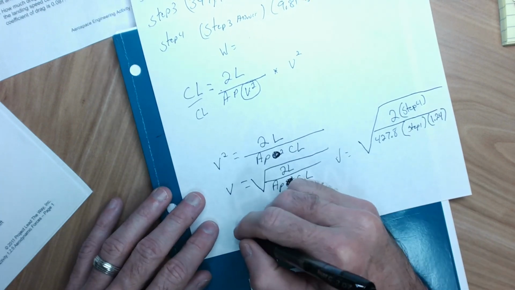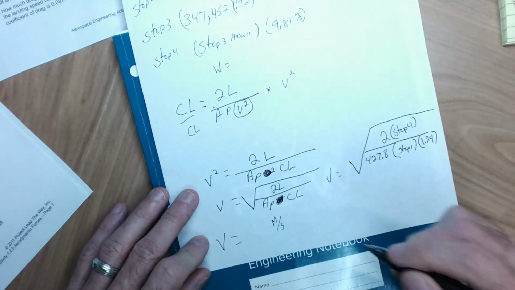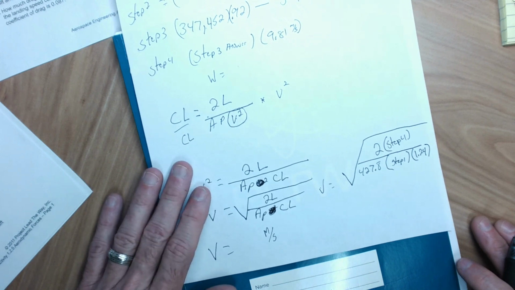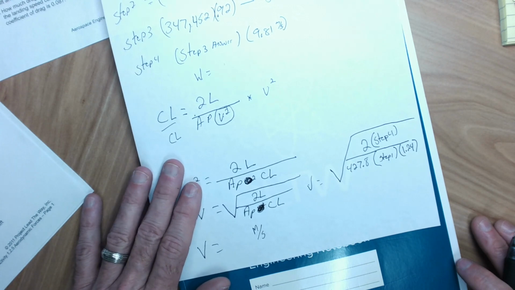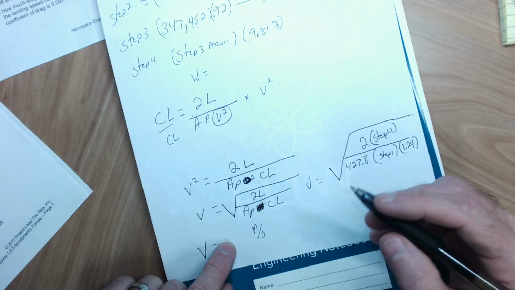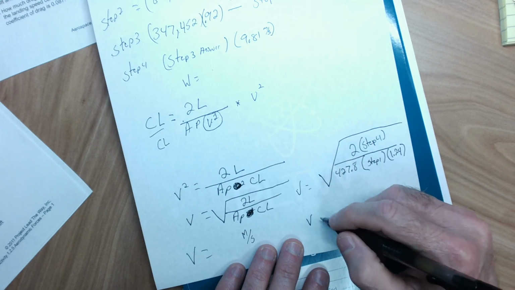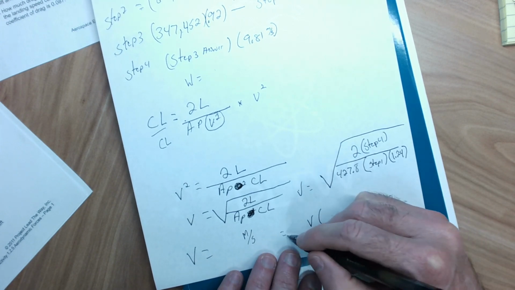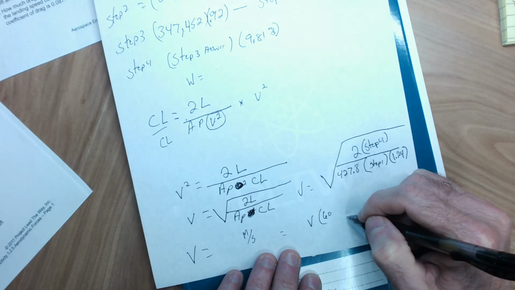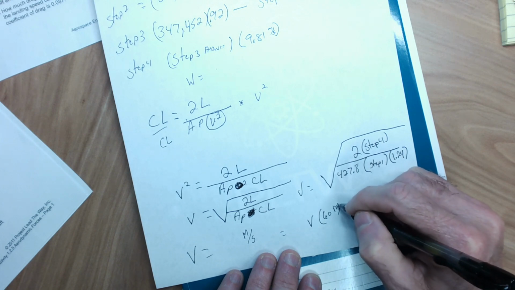Okay? So now this velocity is going to be in meters per second, but that isn't what's on the gauge. What's on the gauge is kilometers per hour. So you're going to take this answer, okay? So now you're going to take your V and you're going to multiply it by 60 because there's 60 minutes in an hour.